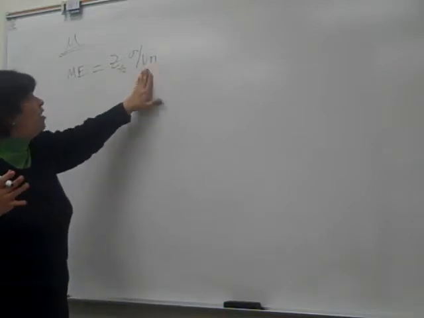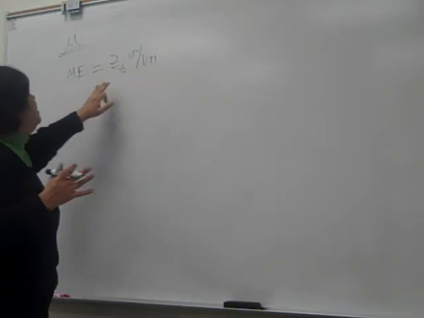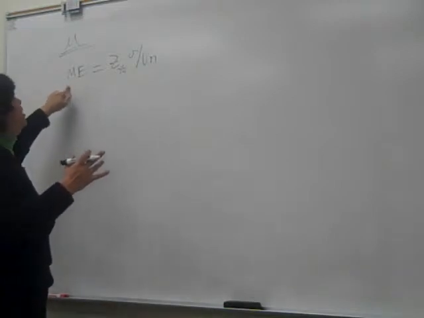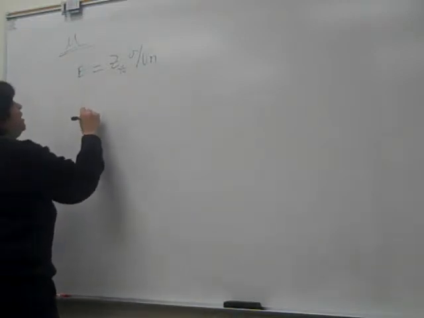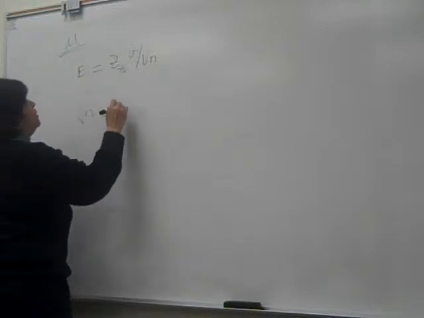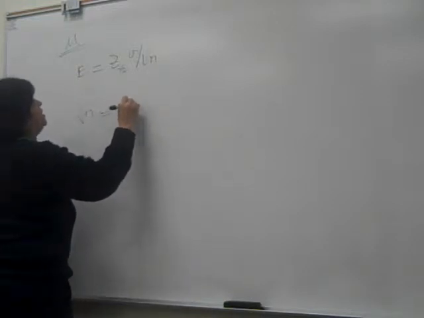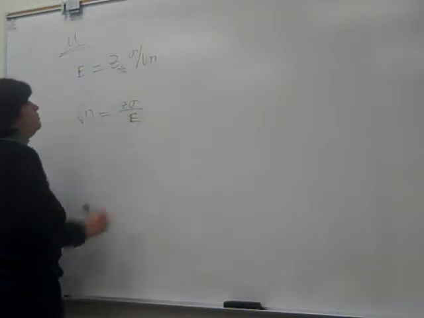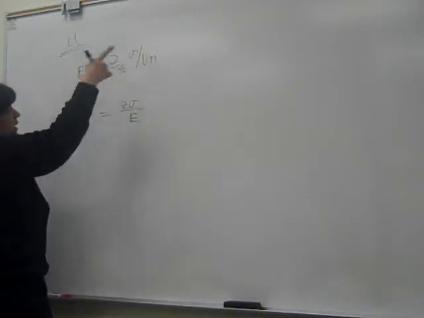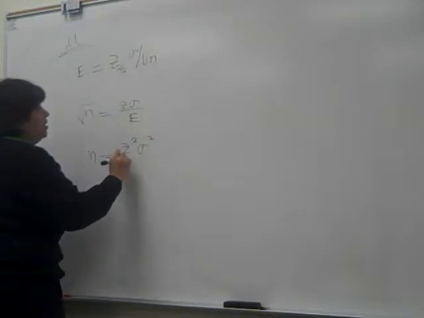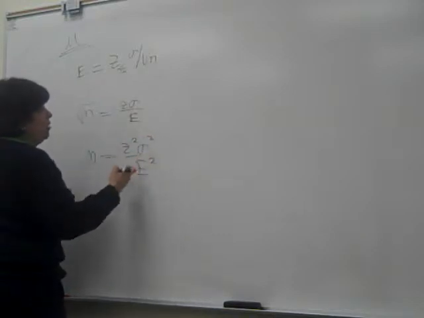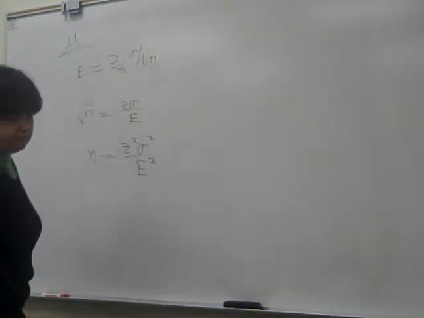So what we want to say is, what is this n in order to get that particular error? So this is the error. So square root of n is equal to z sigma divided by e. And I square everything, so n is equal to z squared, sigma squared divided by e squared, the error squared.